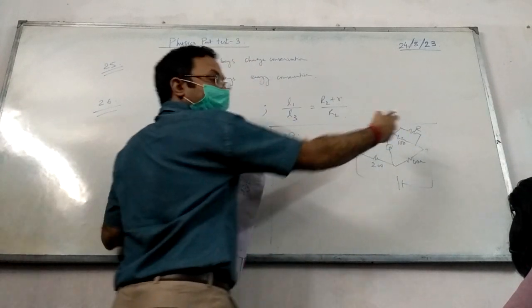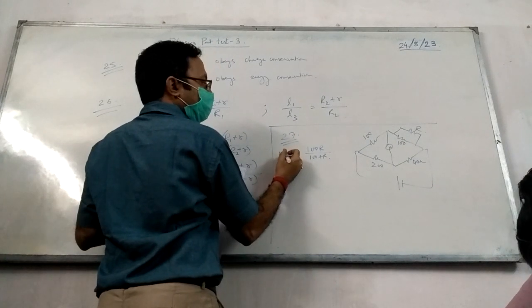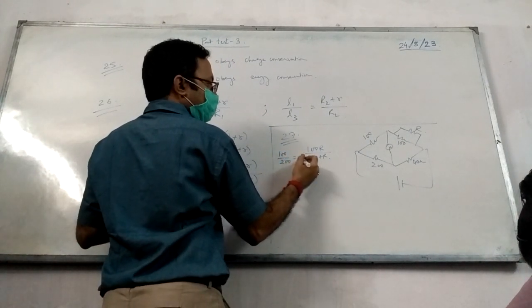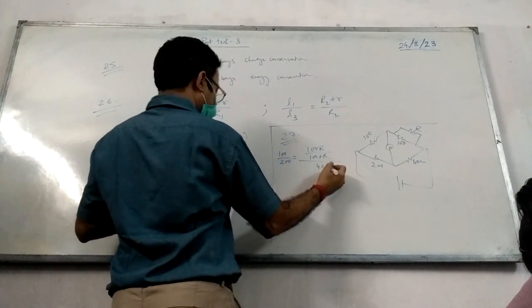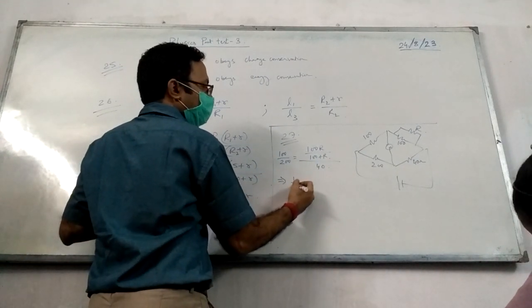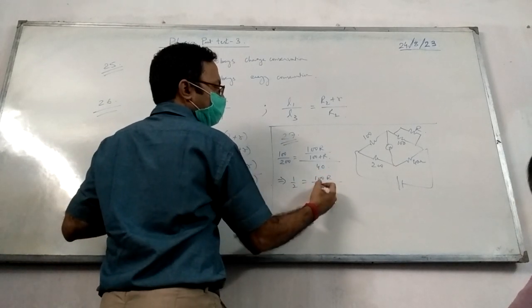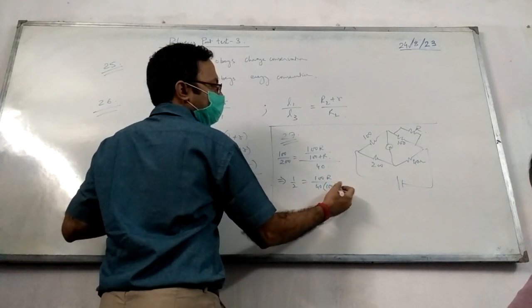Now we know P by Q is equal to R by S. So 100 by 200 is equal to this by 40, right? So 1 by 2 is equal to 100R by 40 into 100 plus R.